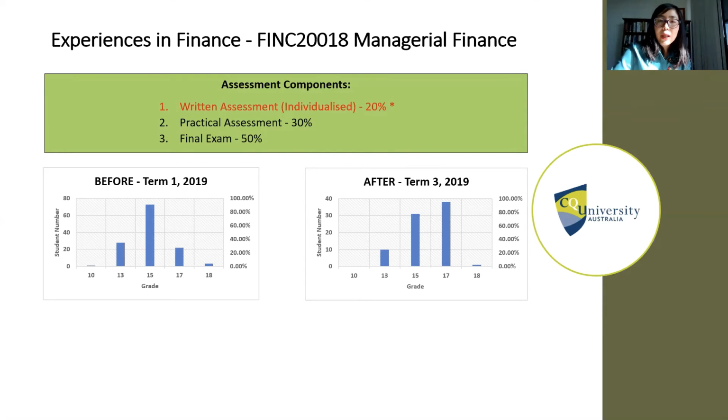After application in Term 3 2019, there is a clear shift. More students receive 17 out of 20, high distinction. This is even better. And we also see a clear reduction in plagiarism cases.